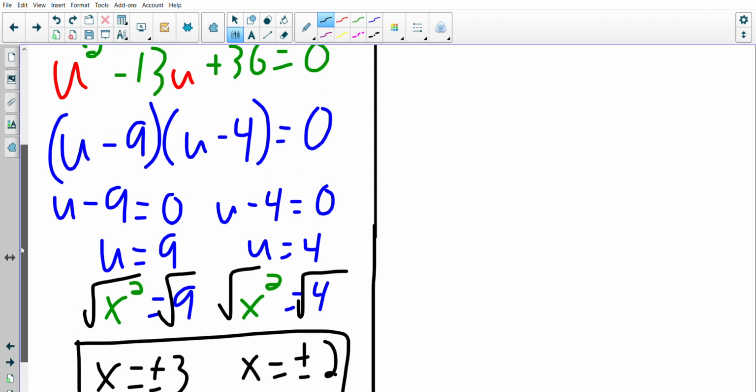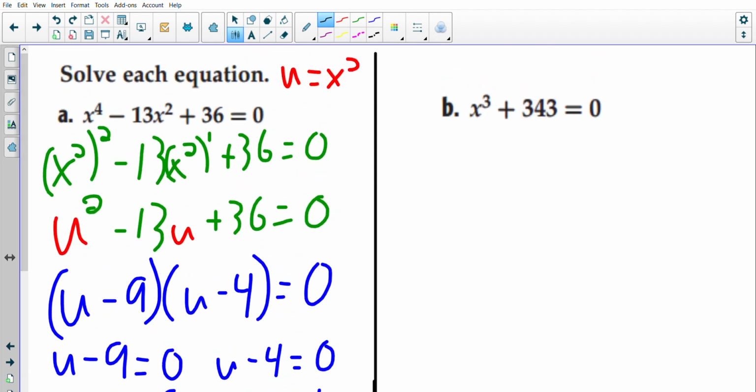Okay, so next one. We have x cubed plus 343 is equal to 0. Well, remember, this is actually where in our last video we talked about the sum of two cubes. Well, this is it. So remember this, the cube root of each, so x plus 7. And then we're going to use the smiley method. The first one squared, x squared. Multiply and switch the signs.